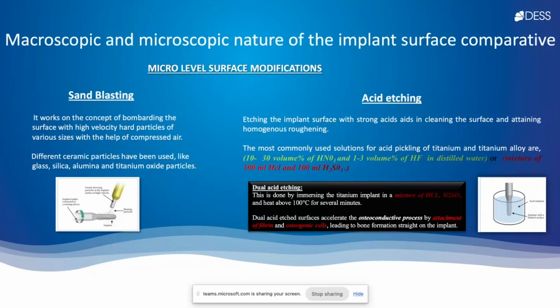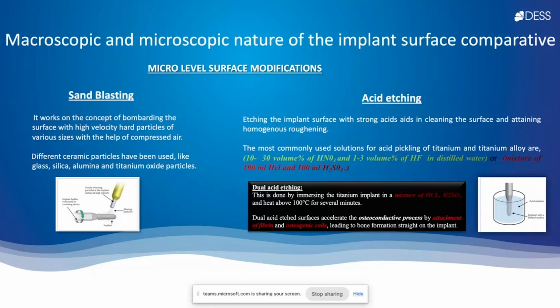One of the most famous surface treatments in the market is sandblasting, SLA, sandblasting and acid etching. It's provided by Straumann. It was found that by blasting the surface of the implant, it creates a macro roughness, and then you put your implant in an etching, which creates a micro roughness.